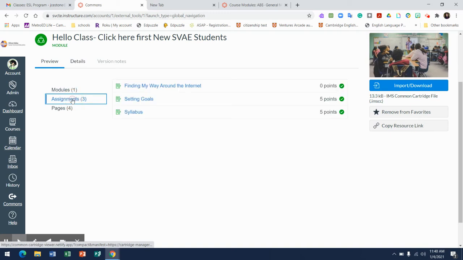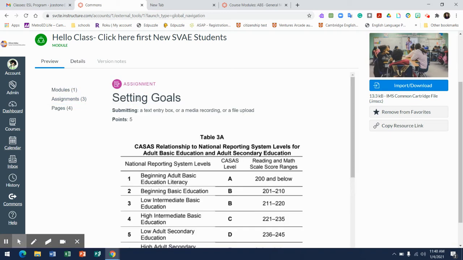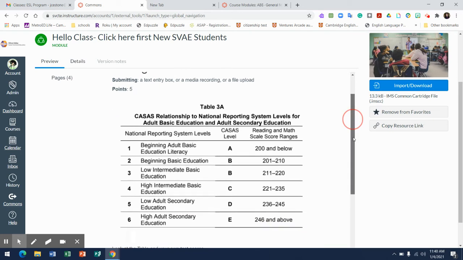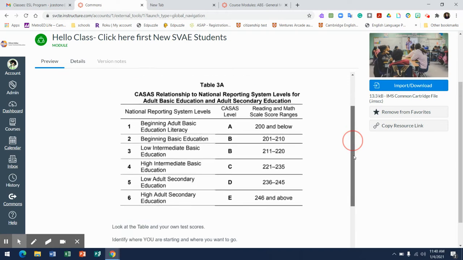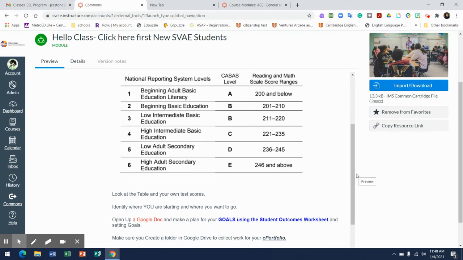Okay? Then setting goals. So what we really want the students to do is understand their CASAS test score. So everyone who comes to SVAE has to take a CASAS. Everyone, right? So we really want them, there is an ESL version of this as well, but everyone should understand where they are as a baseline.